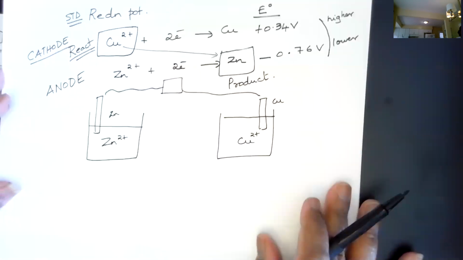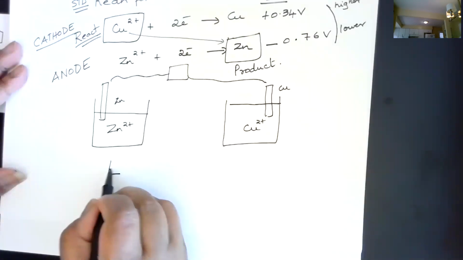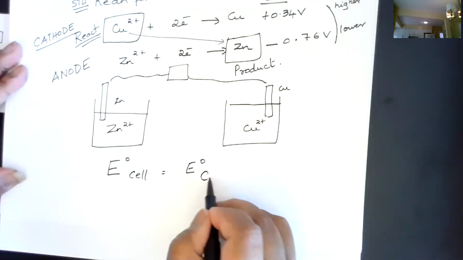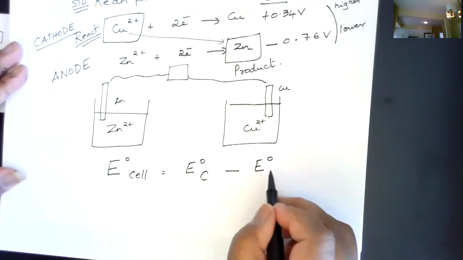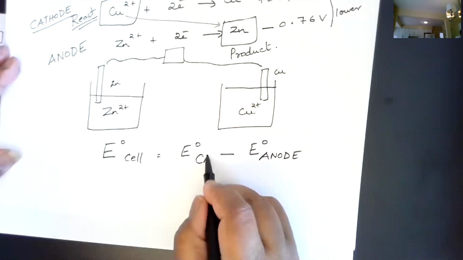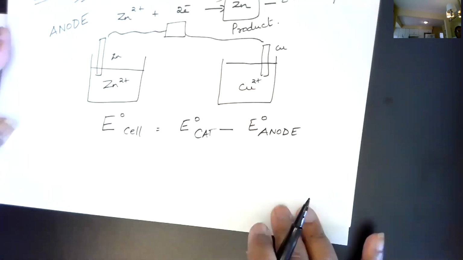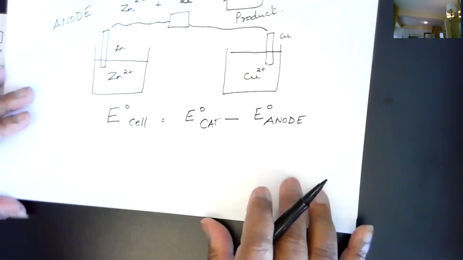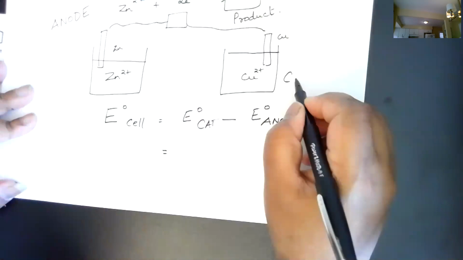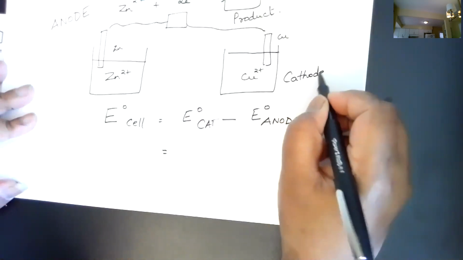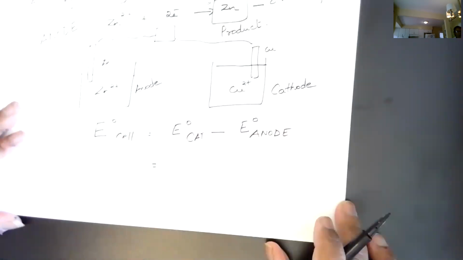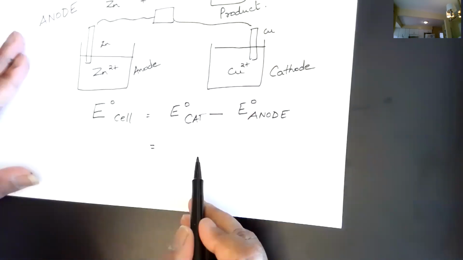Now I'm going to use this formula: E0 cell is E0 cathode minus E0 anode. If I assume this to be the cathode, this is the anode. Hope you remember how to draw the cell notation. I'm going to ask for that after we finish this here.